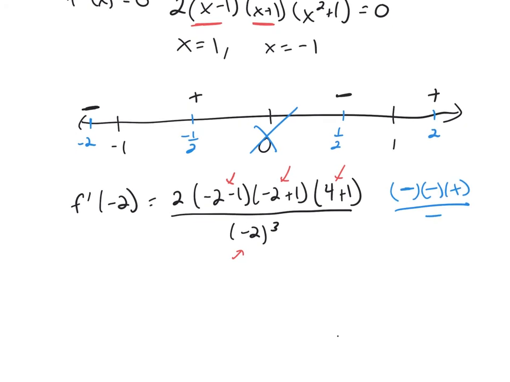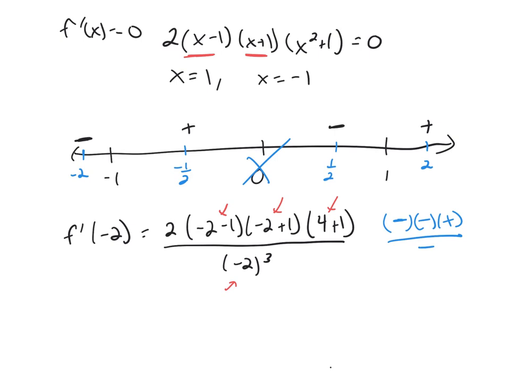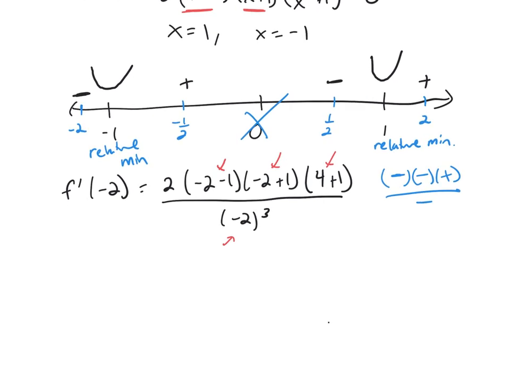So the only two possible relative extrema come from negative 1 and 1. My function's decreasing and then increasing, so this is a relative minimum. Here it's decreasing and then increasing. It's a relative minimum as well. So we get two relative minimums.